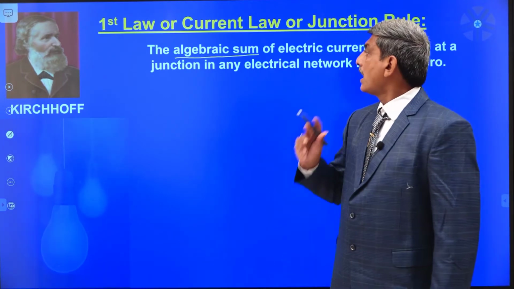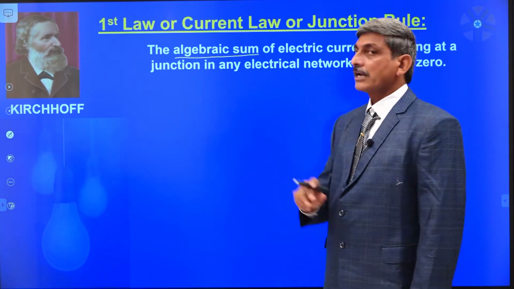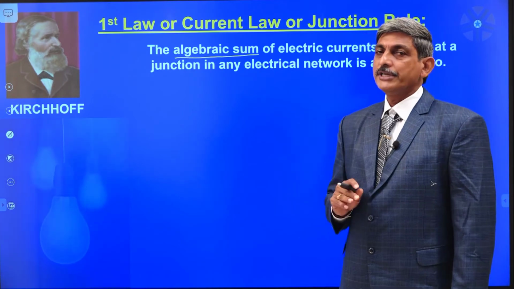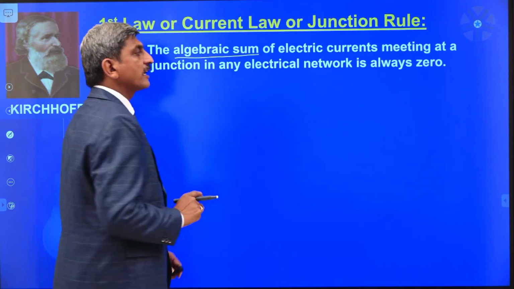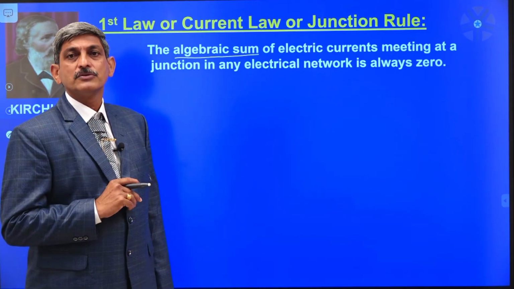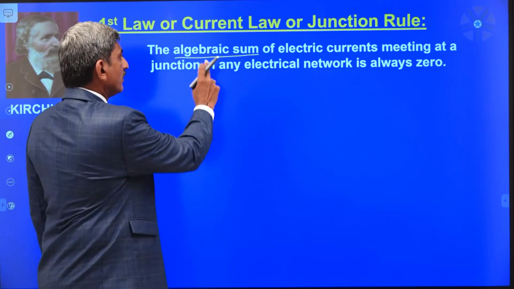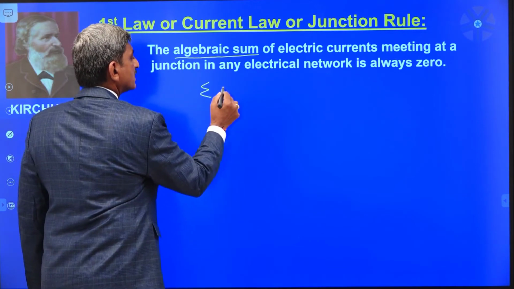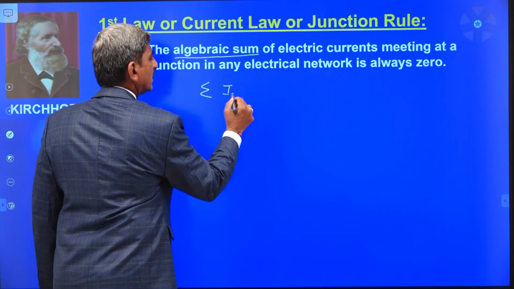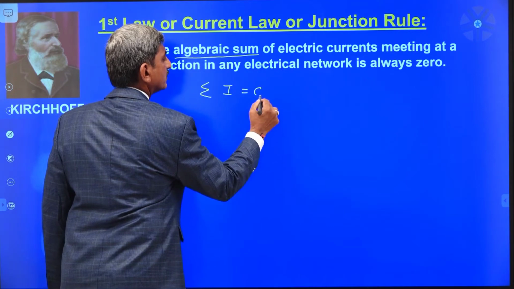So, the algebraic sum of the electrical currents meeting at a point or junction in any electrical network is always equal to 0. Mathematically, we can write it as sigma I is equal to 0.